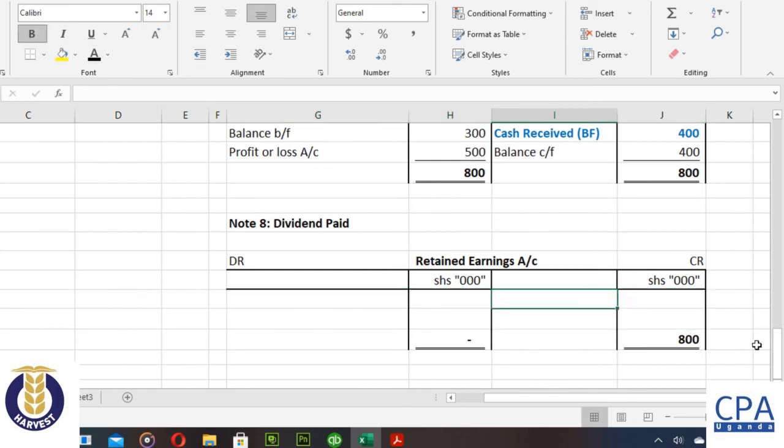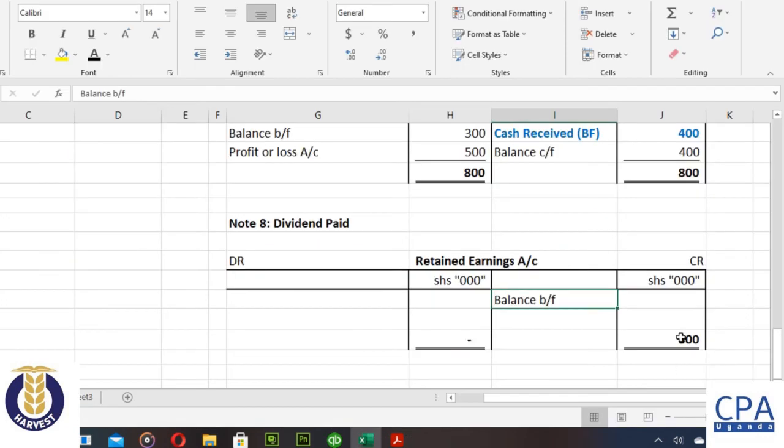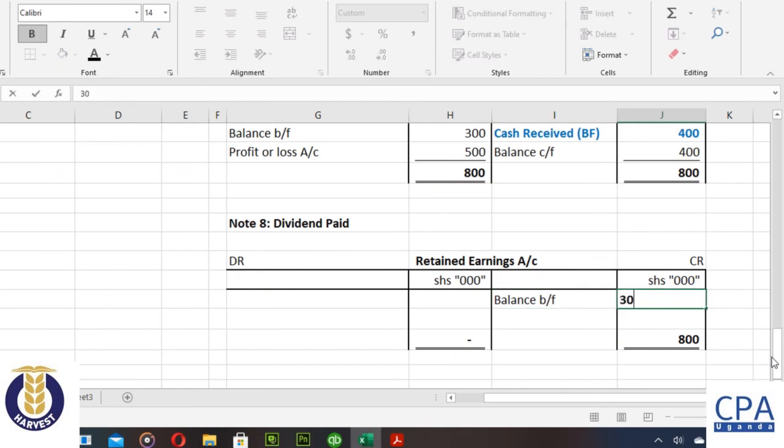The opening balance will come here, the balance brought forward for retained earnings. As you have seen, the balance coming from 2013, when you look at our question here on retained earnings, is 30 million. So that's what I'm going to place right here, 30 million.